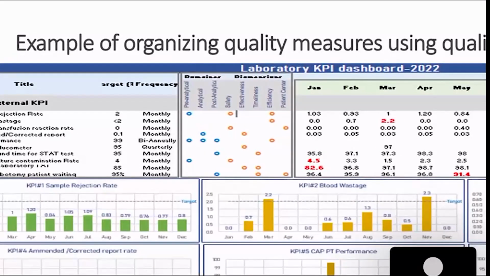As for domains in our work practice, we have three. We divide our work into three phases: pre-analytical, analytical, and post-analytical.